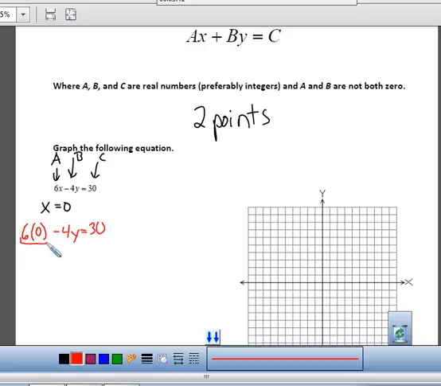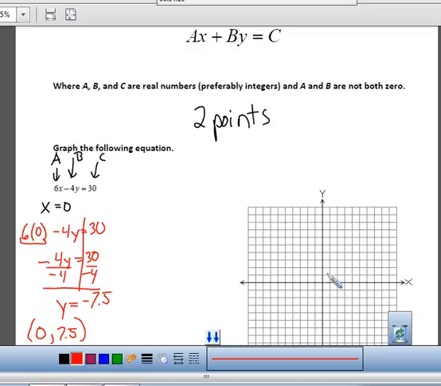So I do 6 times 0, I get 0 minus 4y, that means I have -4y equals 30. Divide both sides by -4. And then I get y equals -7.5. Now, I now have 1 point.